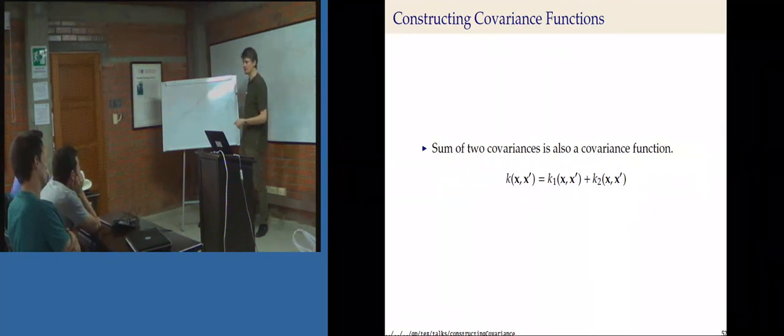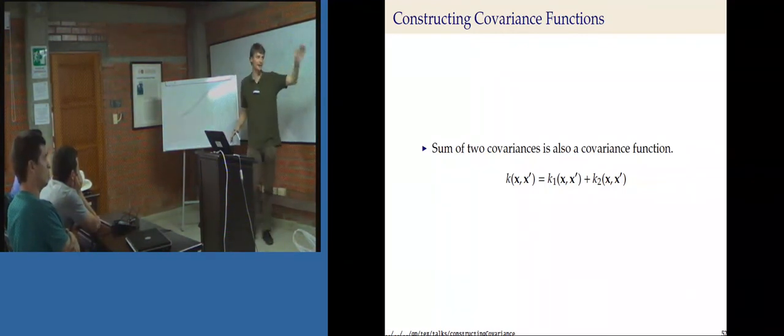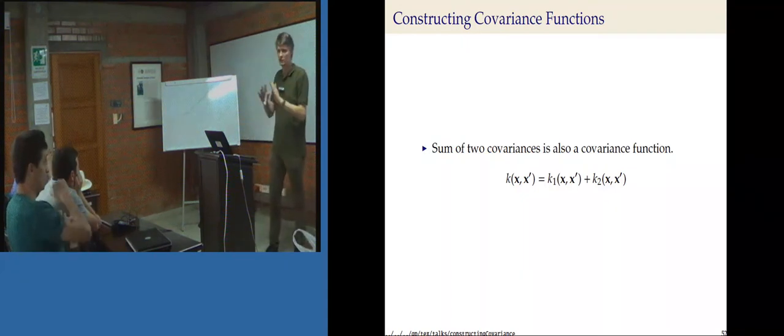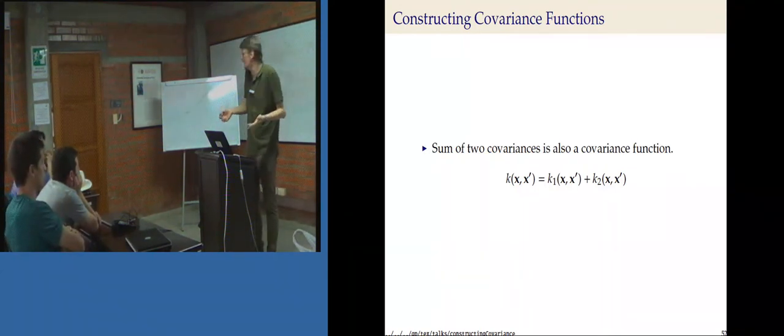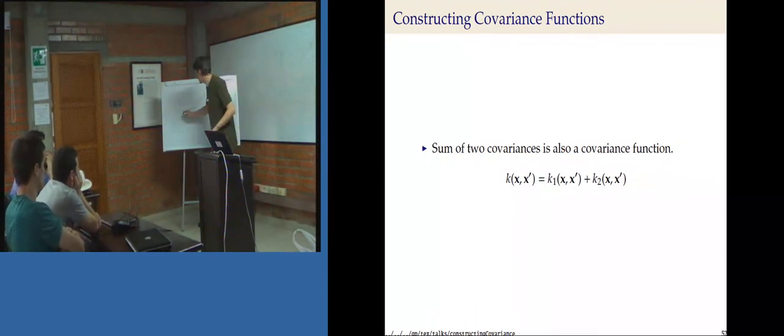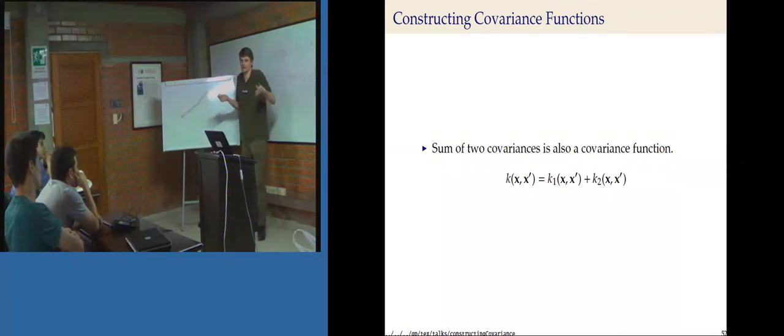You could add a basis function model. They all come together into the same thing, just in an additive way. And so this thing of adding covariances is very powerful. And in GPy, it's very easy to do. We've, of course, been seeing it already because we've been adding noise. And that just means what we call epsilon, which is also, in some sense, a function.